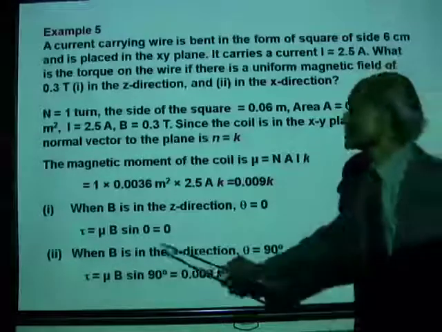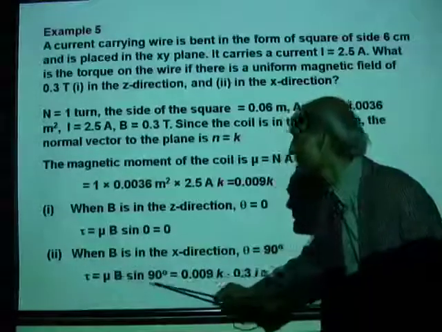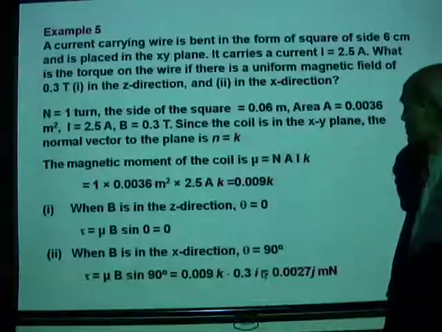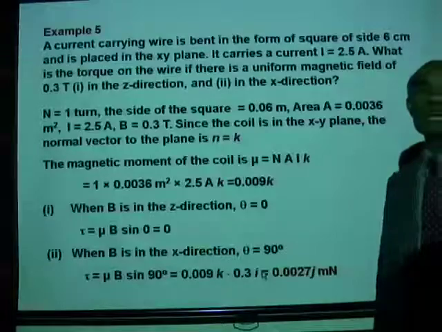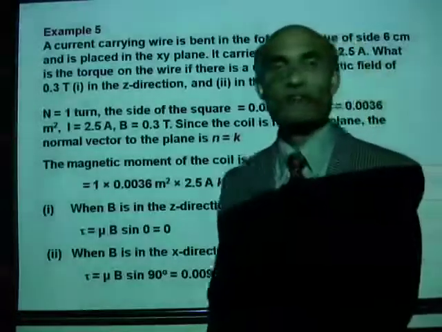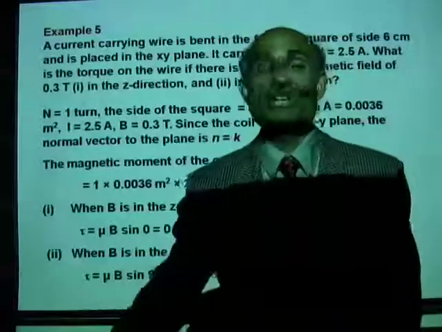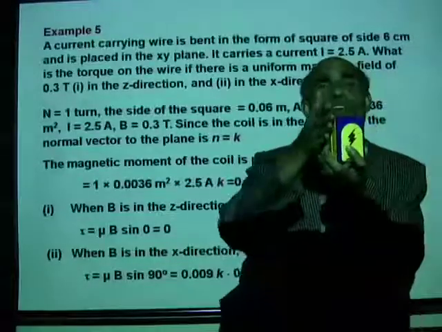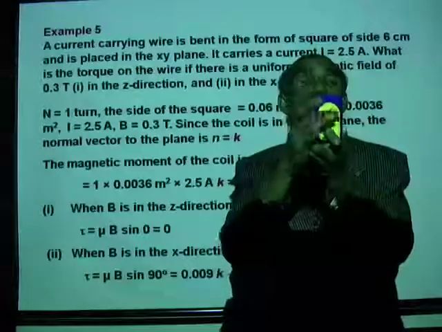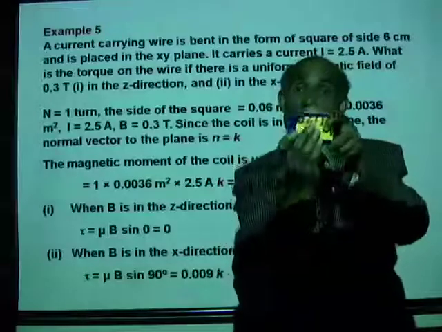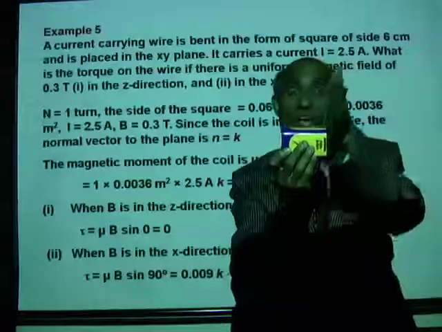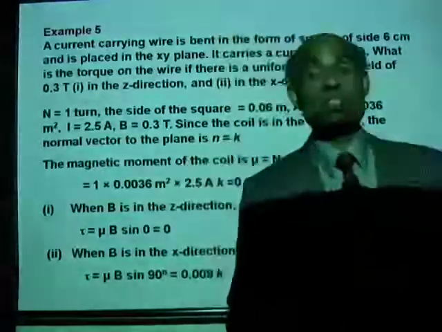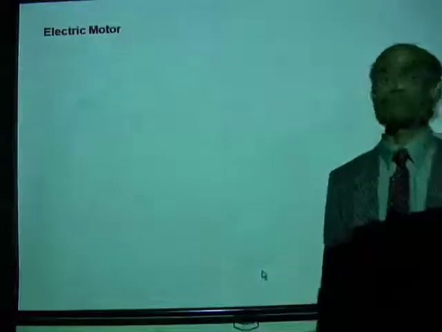And therefore, the torque will be mu B sine 90 degrees. That will be 0.0027 meter Newton. So what that means is, when the angle is 0, there is no torque. But when the coil makes an angle of 90 degrees, the torque will be a maximum. I illustrated that to you earlier.